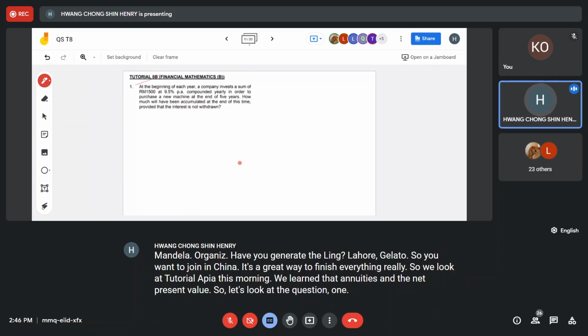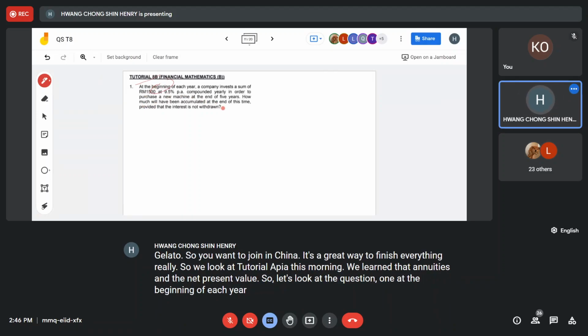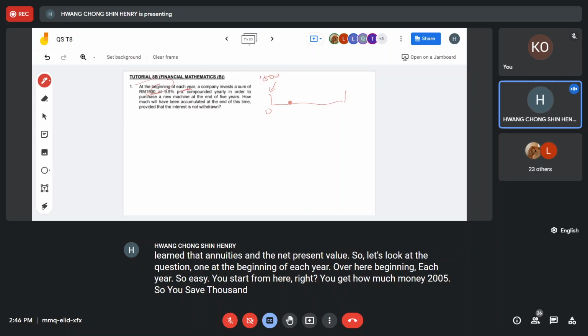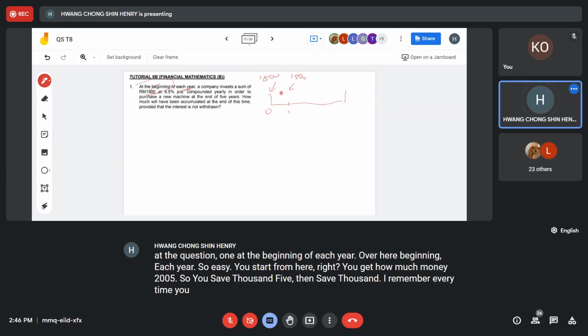At the beginning of each year, the word here, beginning, each year. So you see, you start from here, right? You get how much money? 1,005. So you save 1,005, then save 1,005. Remember, every time you save 1,005, which gives you 0.095 compounded yearly.